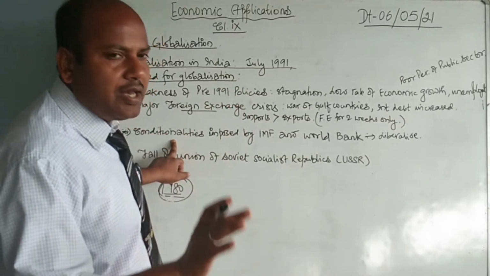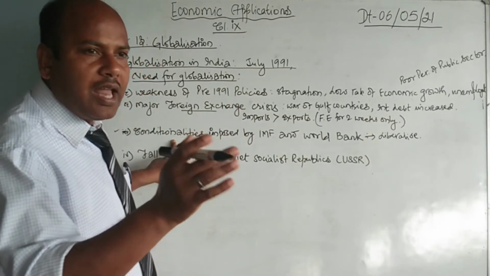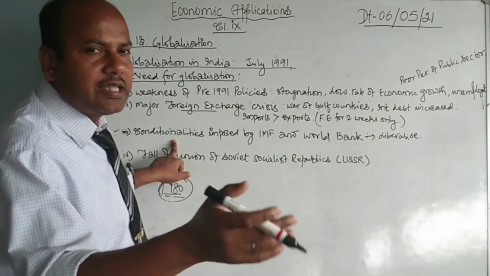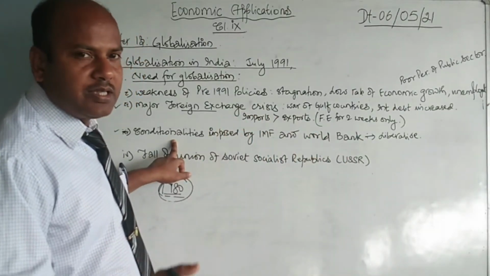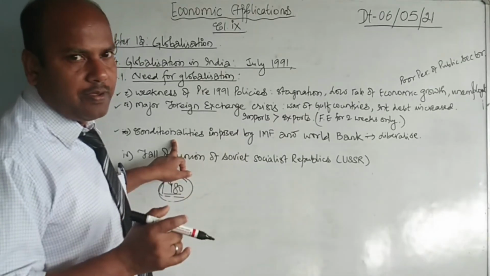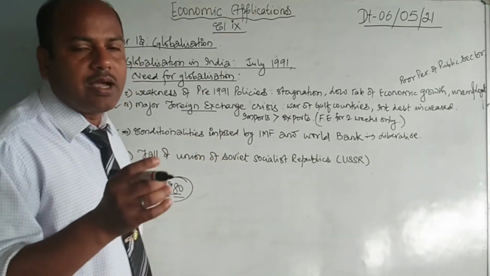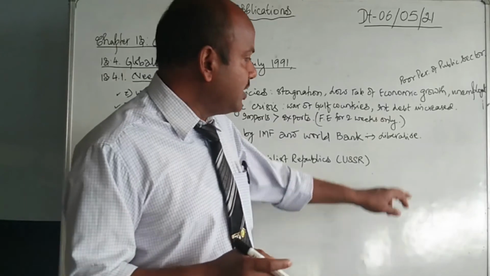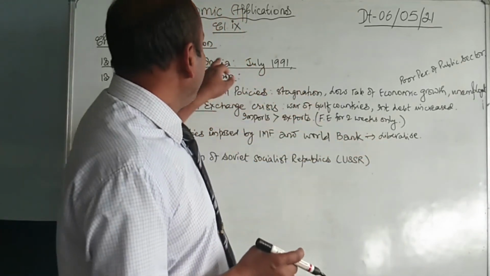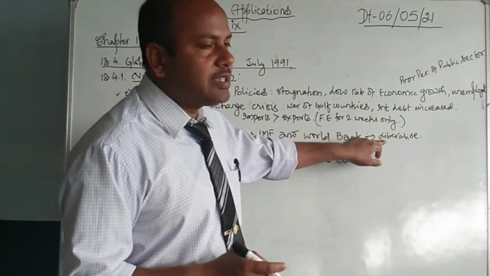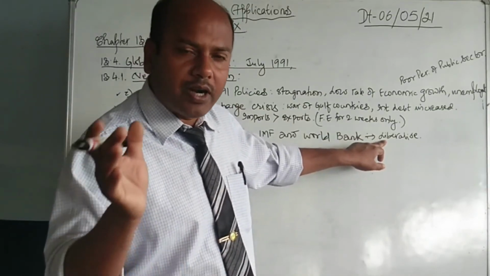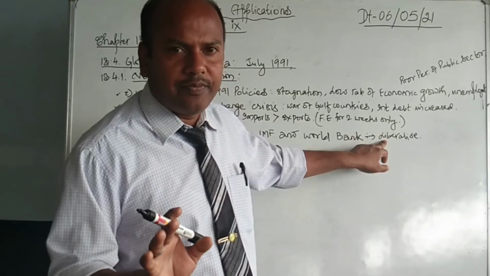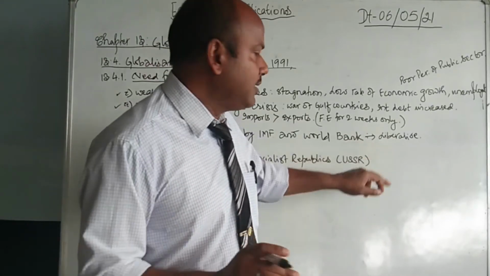We were compelled to allow the MNCs, multinational companies, to come to us and invest their money in India. So we had to open the doors of our market for the foreign countries. We had to liberalize. We globalized, and liberalization means to make it easy for the foreign people to come in India and invest. That's liberalization.